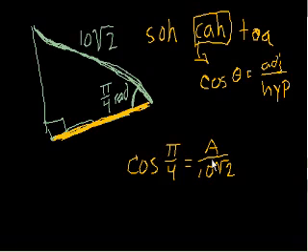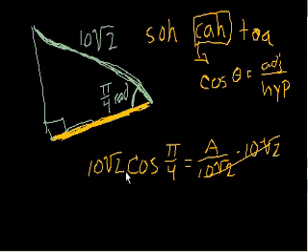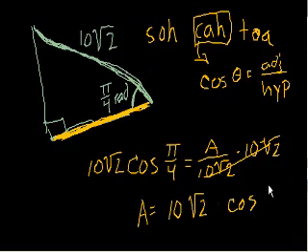So we can solve for A by multiplying both sides of this equation by 10 square roots of 2. These cancel out, and you get 10 square roots of 2 here. So A is equal to 10 square roots of 2 times the cosine of pi over 4.